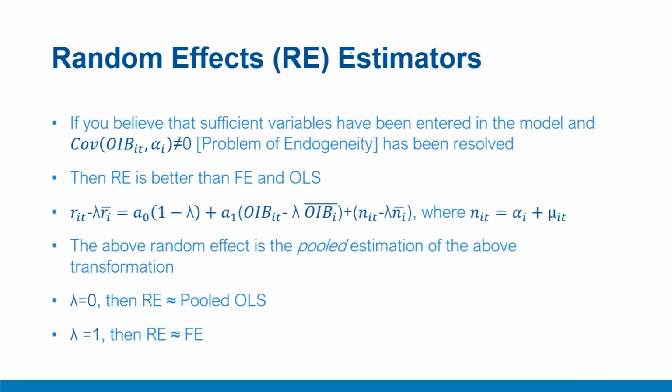And therefore, if you believe that you have a model very well specified so that sufficient variables have been entered in the model, so this endogeneity problem has been resolved, that means essentially this covariance is equal to zero, or for that matter you have reason to believe that alpha is very small, then RE is better than FE, OLS and FD as well.